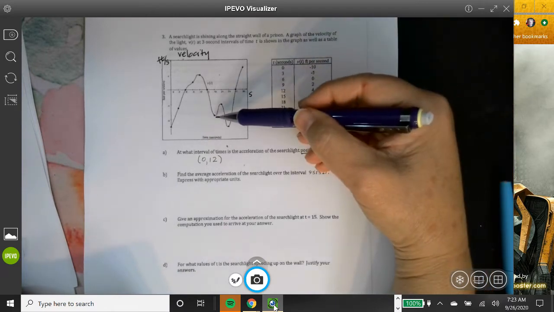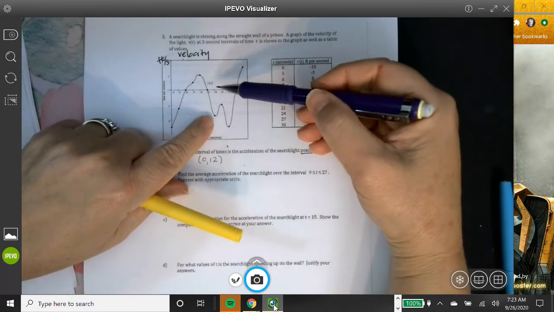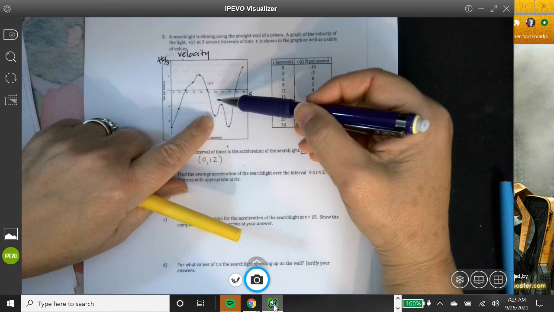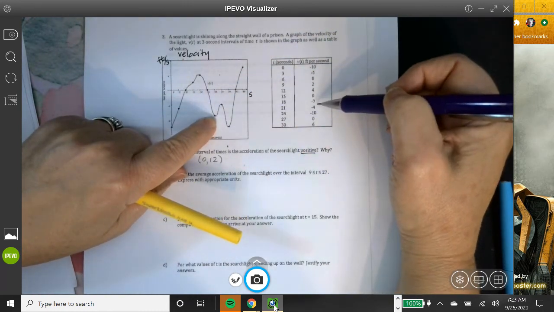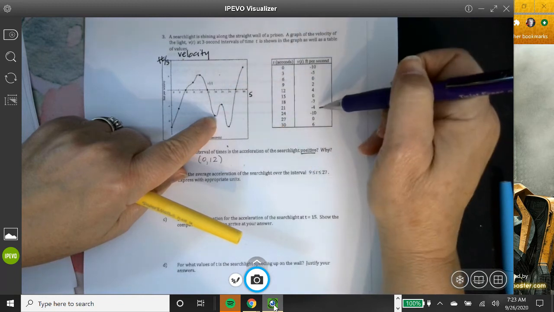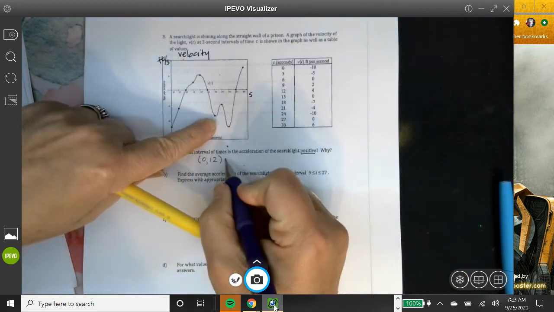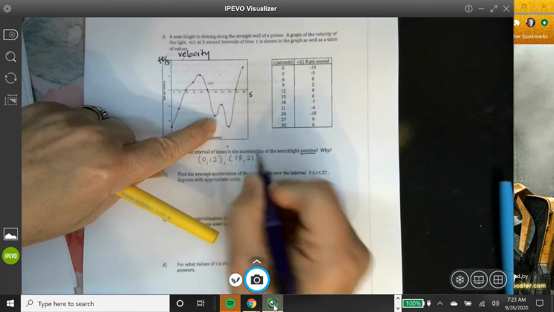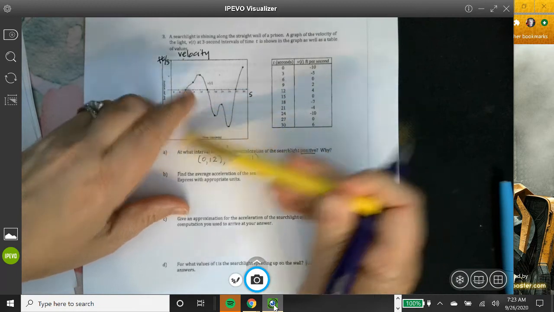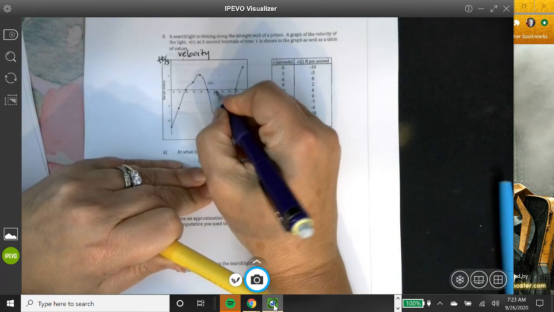And we'll say from, this is 15, this is 18, from 18 to 21, because then the slopes become positive here. Make this 18 so I can see it better.